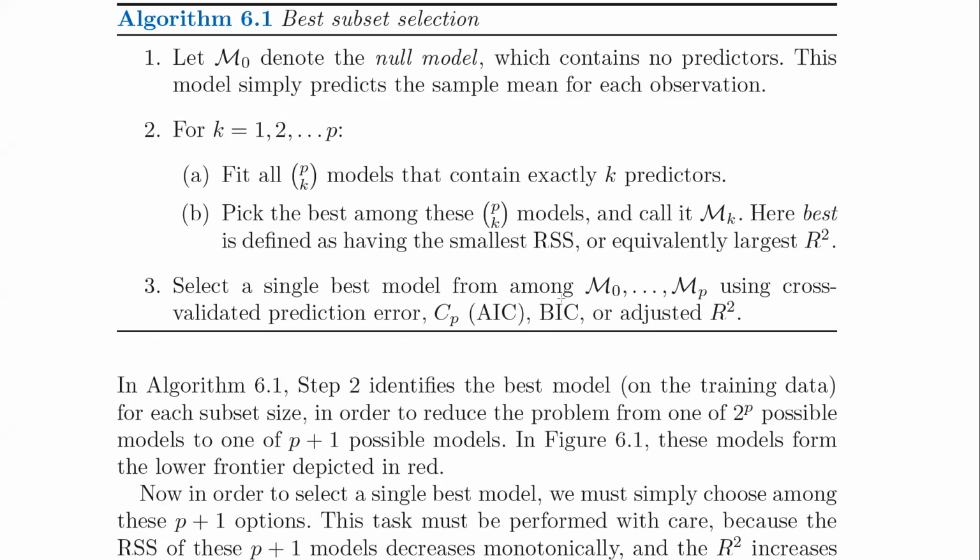What are we saying over here? These are your p plus 1. There are p plus 1 because of that 0 models. We're just going to have these battling it out between each other.